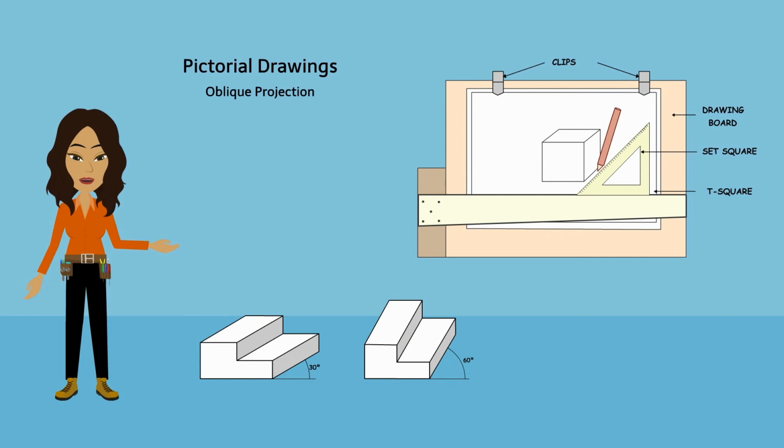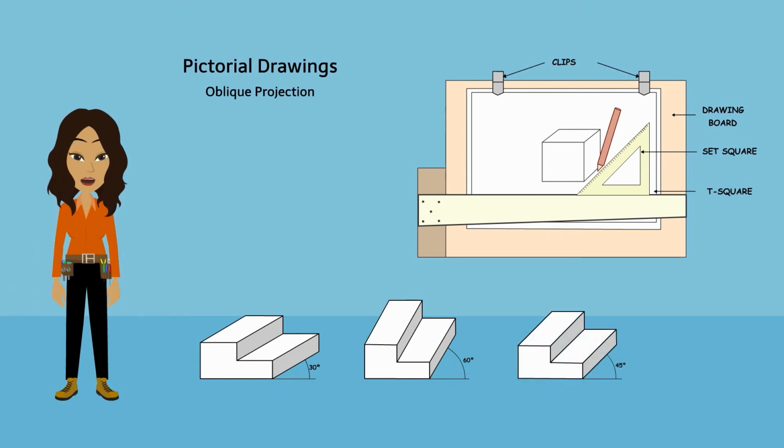In oblique projections, the front view is drawn true size, and the receding surfaces are drawn on an angle to give it a pictorial appearance. This form of projection has the advantage of showing one face, the front face, of the object without distortion. Generally, the face with the greatest detail faces the front.